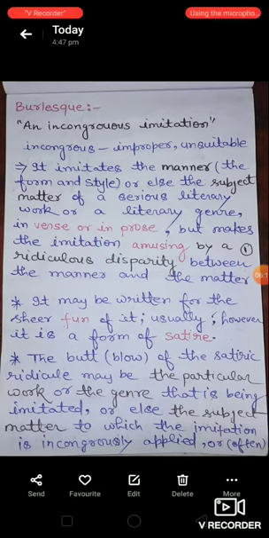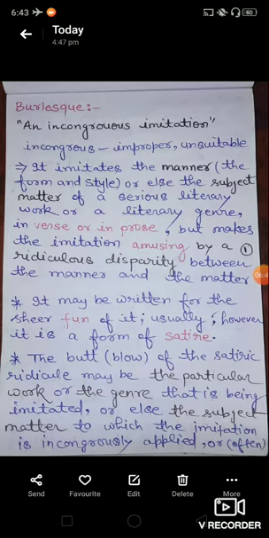But of course, when we talk of satire, it also has that element. It is written for ridiculing someone or some act. But at the same time, that ridiculing creates fun. Okay? So it may be written for the sheer fun of it, usually. However, it is a form of satire. Okay?